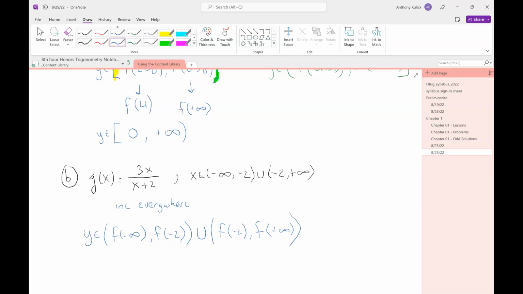So I'm going to do that. So I'm going to do f of the lower bound, comma, f of the upper bound, union f of the lower bound, f of the upper bound, since it's increasing the whole way. Everybody cool?